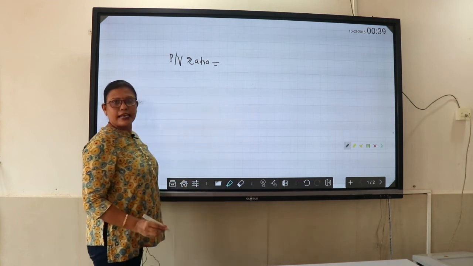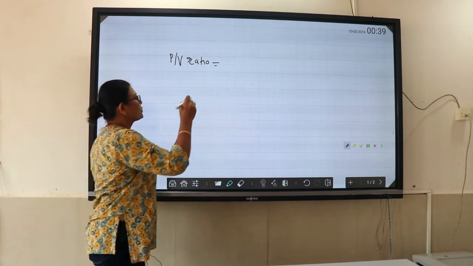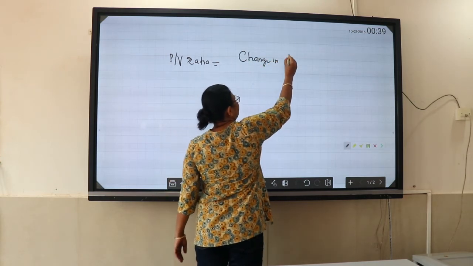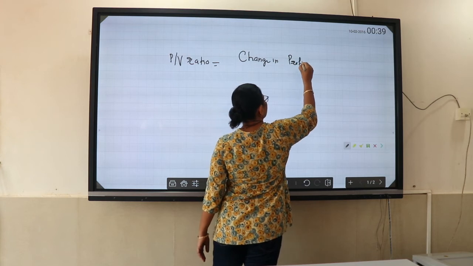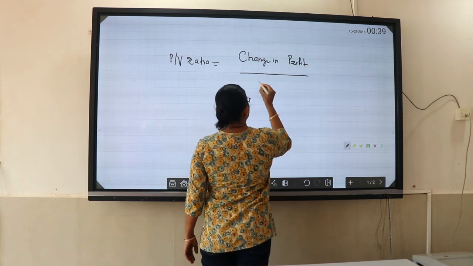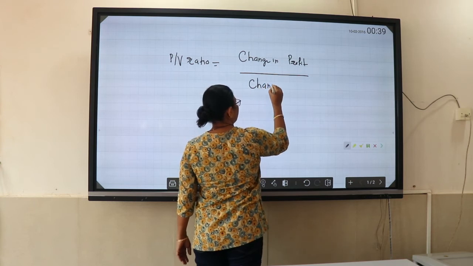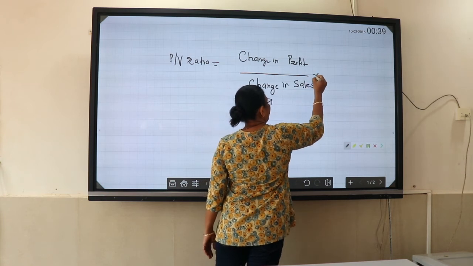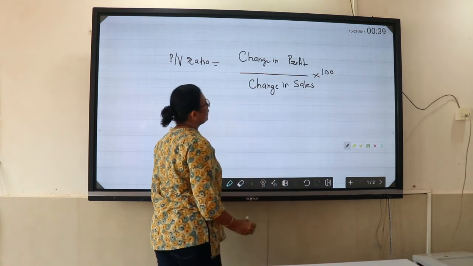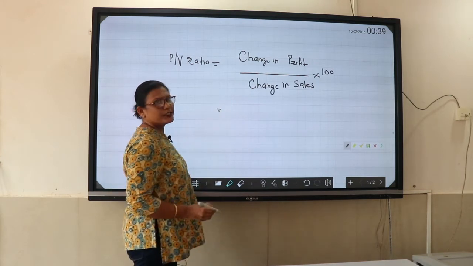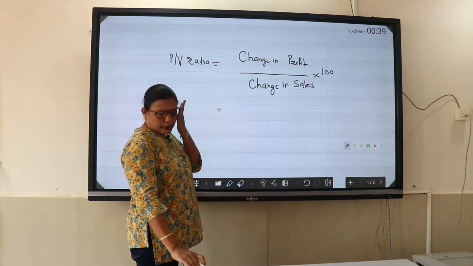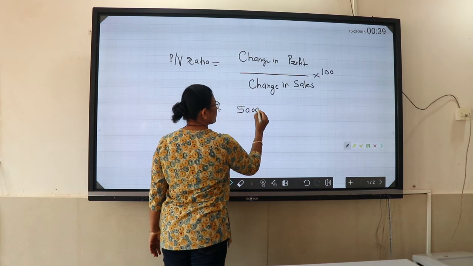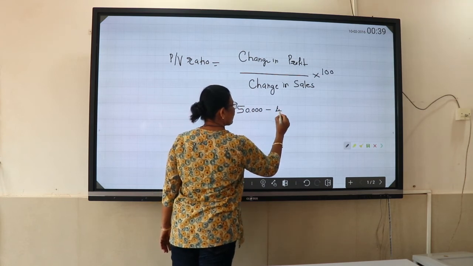For the second illustration, I can determine PV ratio by using the formula change in profit divided by change in sales into 100. Now I have been given 2 years profit. 2020's profit is 50,000. 2019's profit is 40,000.